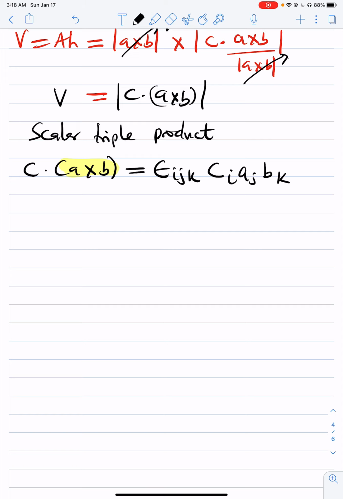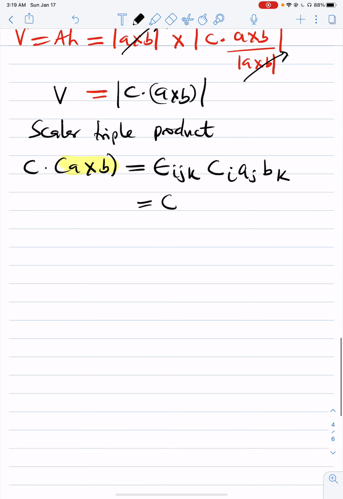Okay, I've not written that out already. So the expressions for A cross B, basically, and adding C to it, right? A cross B would have simply been all of this without this. Yeah, okay. So this is the expression.